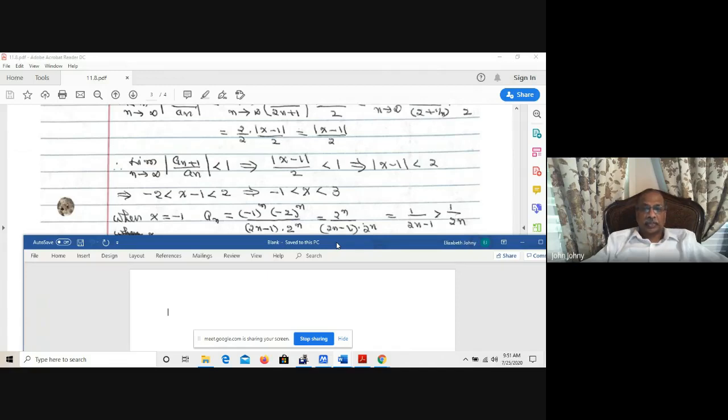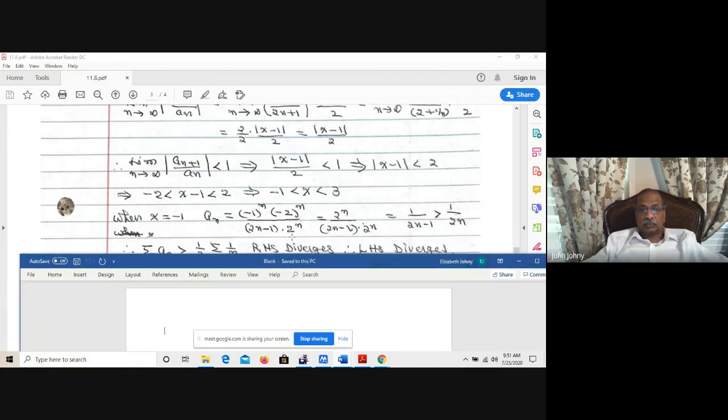x equal to -1 means a_n is (-1) to the power of n, (-2) to the power of n divided by (2n minus 1) times 2 to the power of n, and this is positive 2 to the n divided by (2n minus 1) times 2 to the power of n. 2 to the power of n cancels. So 1 over 2n minus 1, which is greater than 1 over 2n, because the denominator is less.